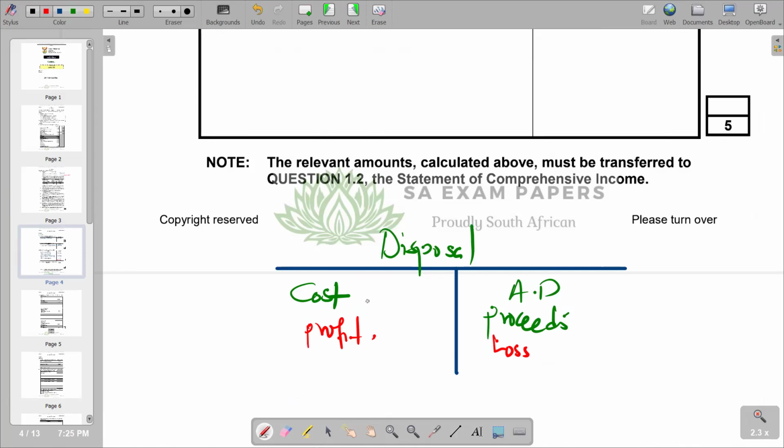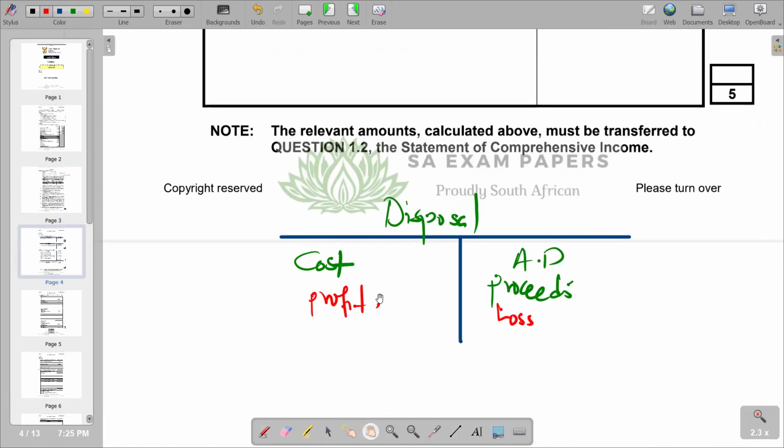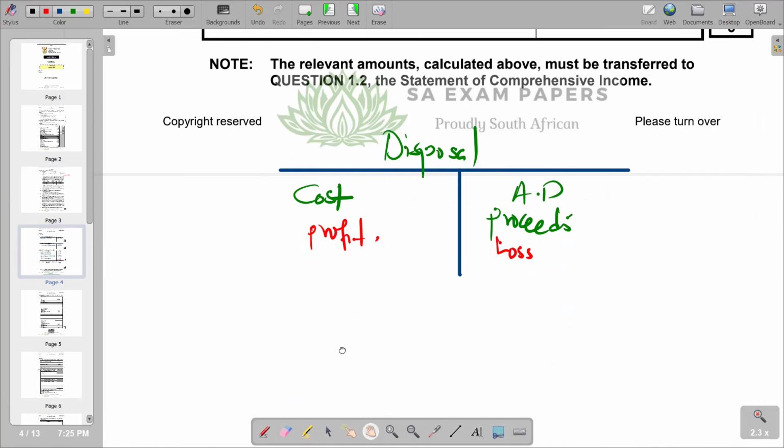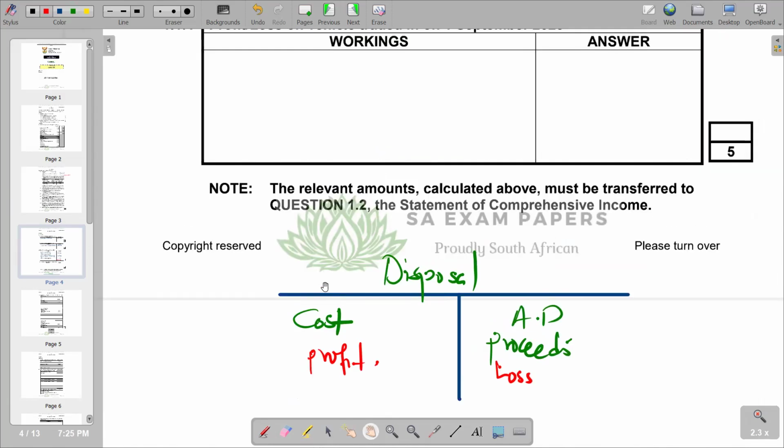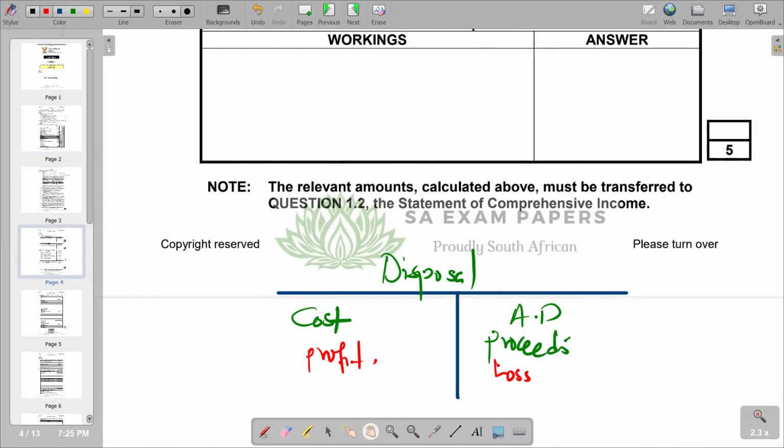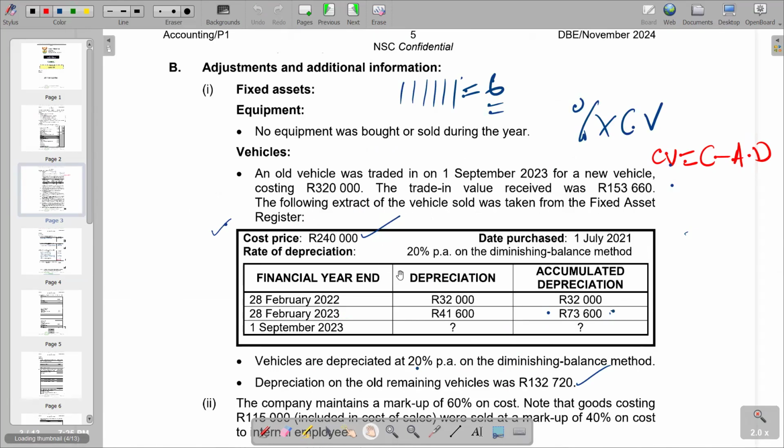So we check in terms of what we have according to this question concerning these elements, whereby if we refer back, we would see that the cost of the traded in vehicle is the one that we are assuming is disposed. So it had a cost of 240,000.